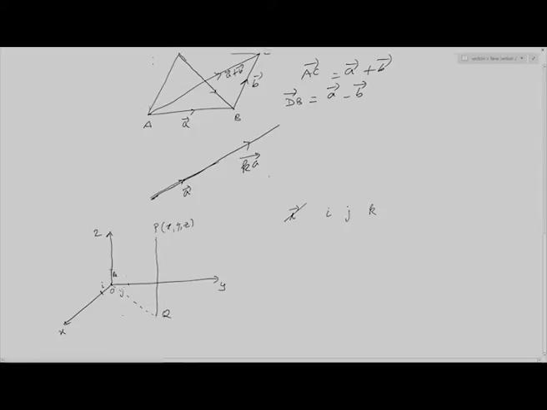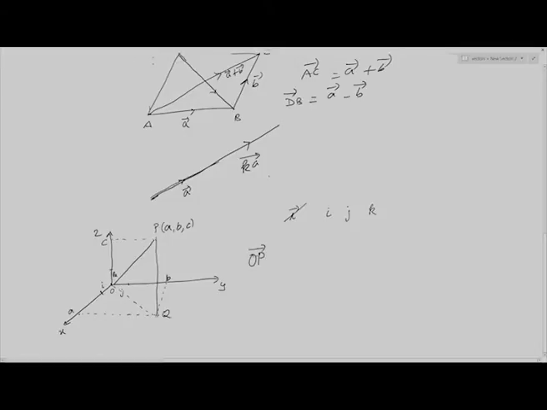To avoid confusion, let me put a, b, c. This length is a, this point is A, and if I project on the y axis, so these are all making 90 degrees, this is the point B, and this height is c. And we have this vector, that is OP.